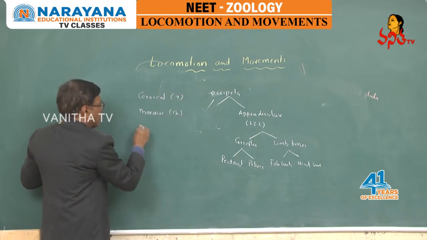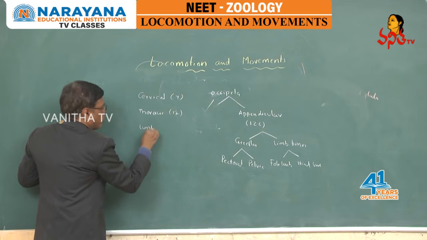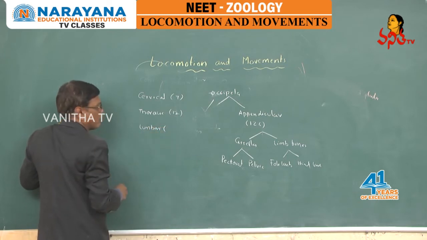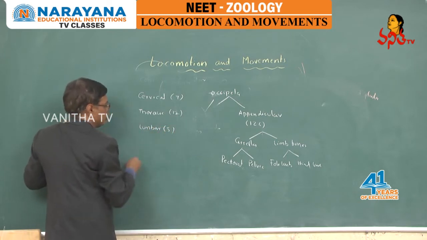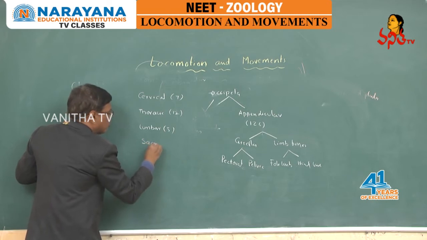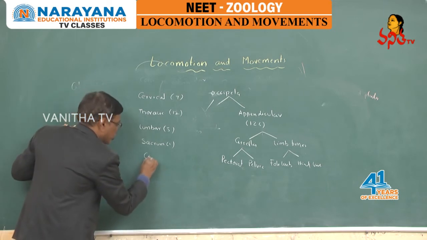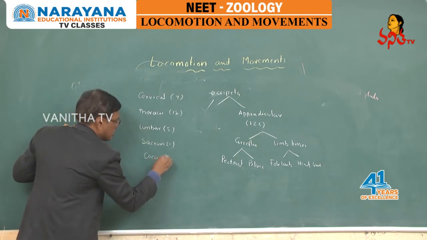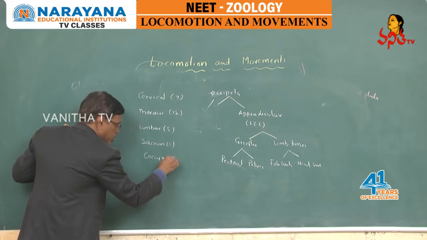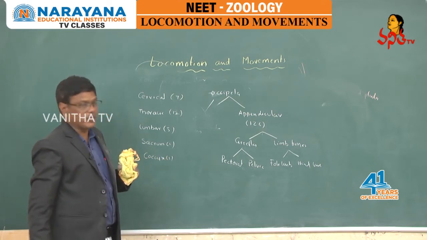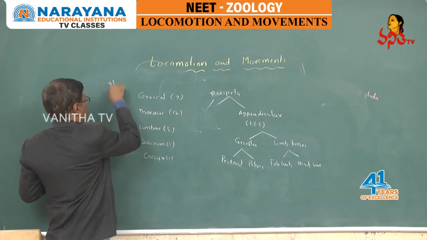Then coming to lumbar vertebrae, they are 5. Then the sacrum is formed by the fusion of 4 sacral vertebrae. Then the reduced tailbone called coccyx is formed by the fusion of 5 caudal vertebrae. That's why in the embryonic stage there are 31.